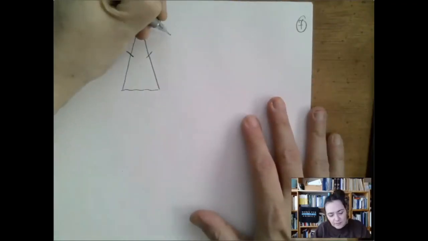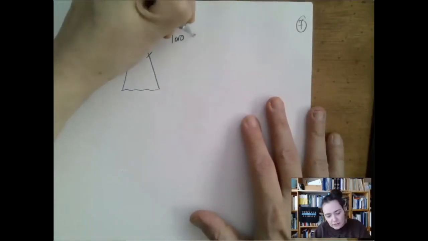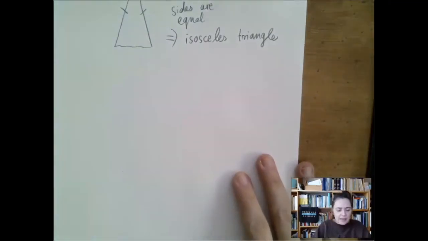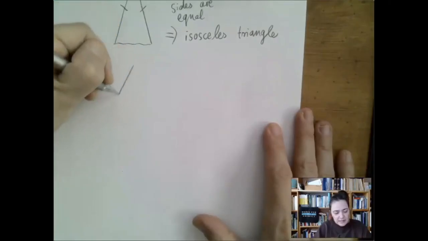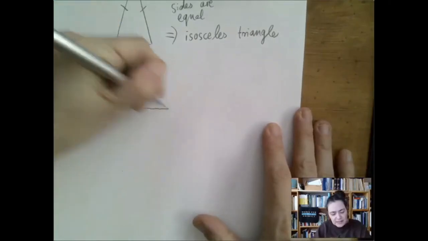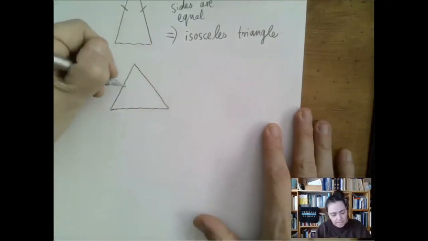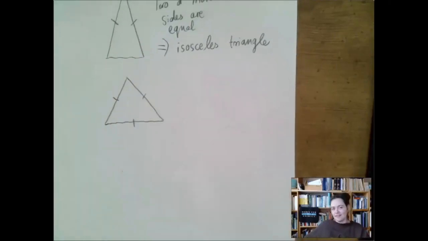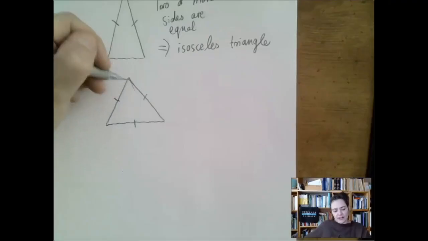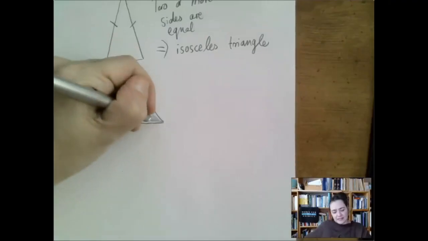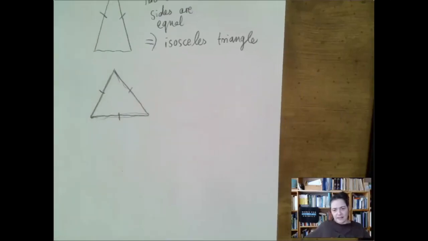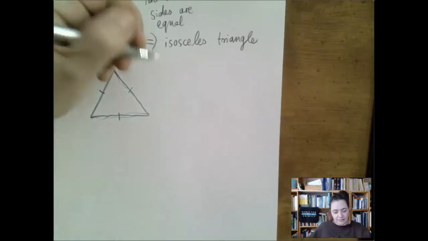These little tick marks, we state that these two sides are equally long. If 2 or more sides are equal, then it's called an isosceles triangle. And if all 3 sides are equal, that's a special case of an isosceles triangle that has 3 names. How do we call a triangle where all 3 sides are the same? Well, I'm going to call it regular.